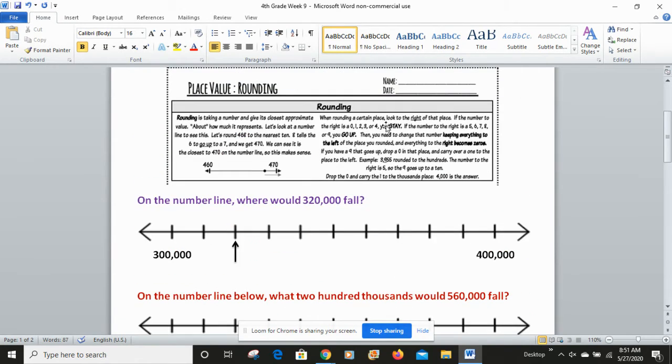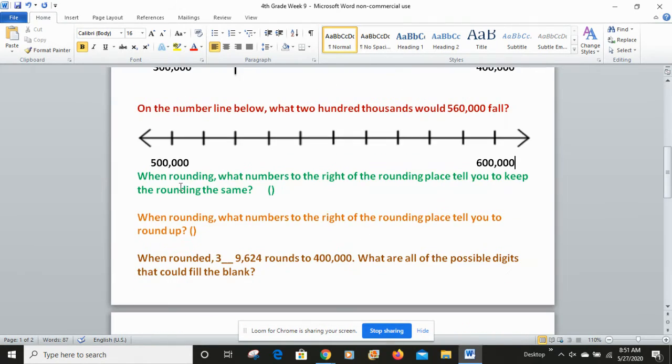Now, going back to this part up here, when rounding, what numbers to the right of the rounding place tell you to keep the rounding place the same? If we remember, the numbers 0, 1, 2, 3, and 4 are the numbers that tell the rounding place to stay the same.